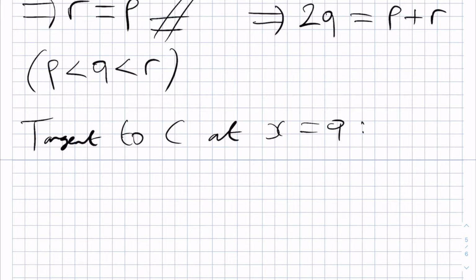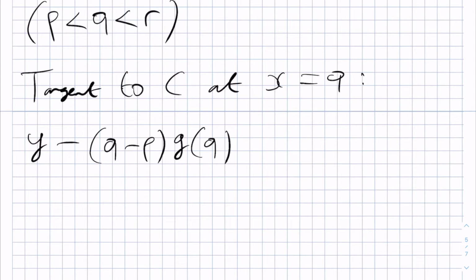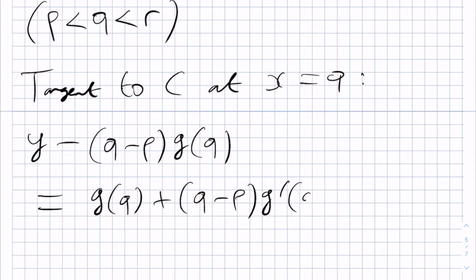From our earlier work in part 1 of this series of videos on question 1, we know that this has the form y minus g of q equals q minus p g prime of q times x minus q.